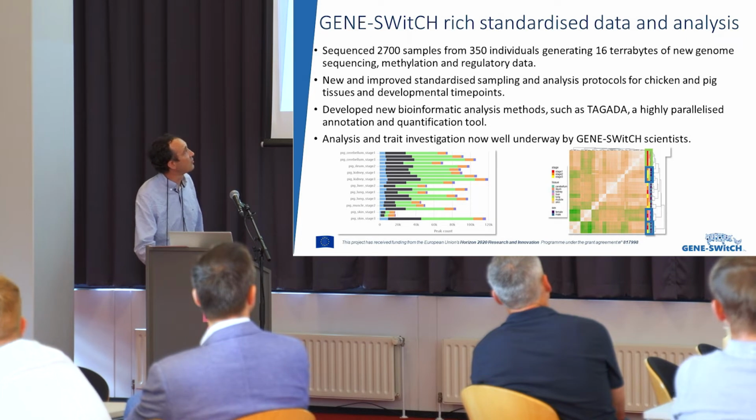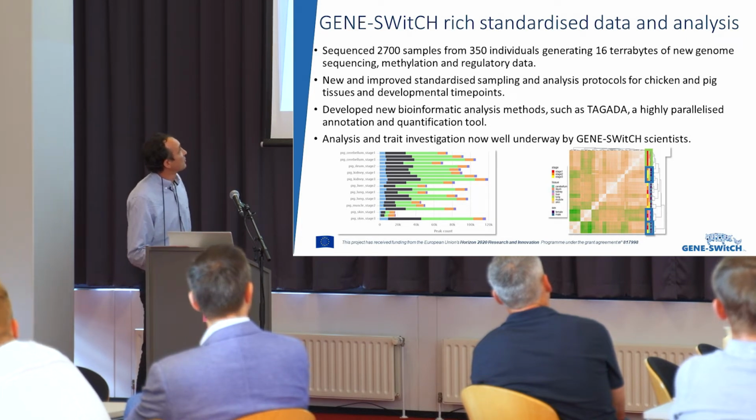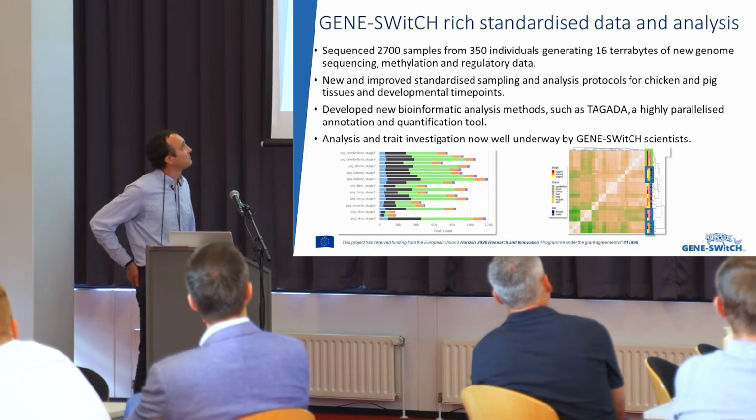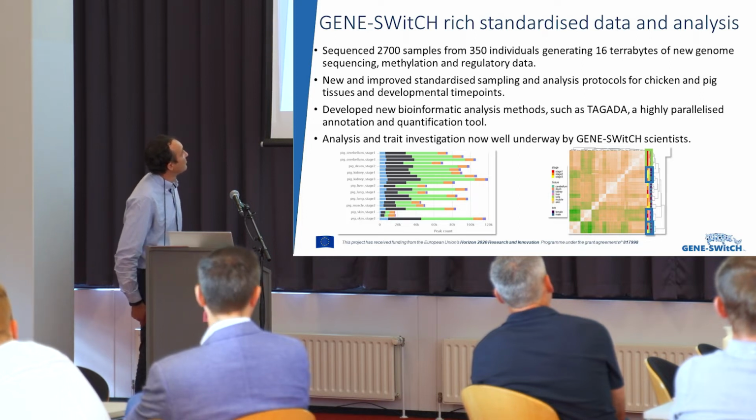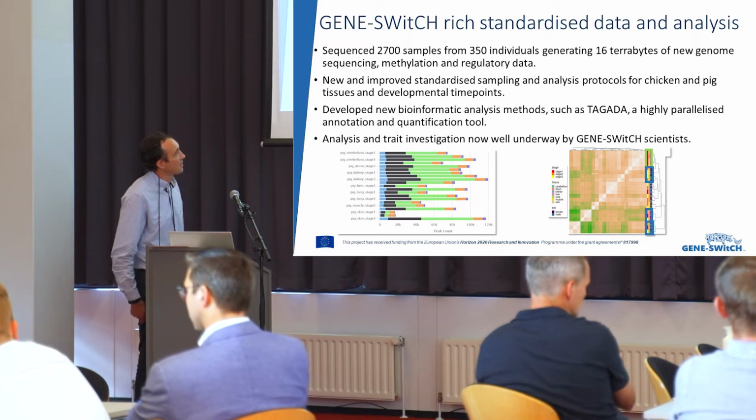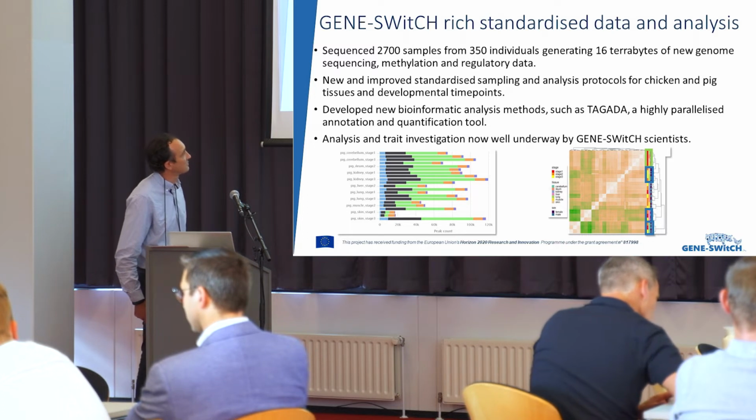So what we have now with GENE-SWitCH, we just finished the production of data. We have sequenced around 3,000 samples from 350 individuals. We have improved and mostly standardized the sampling and the analysis of all these datasets for the 2 species.